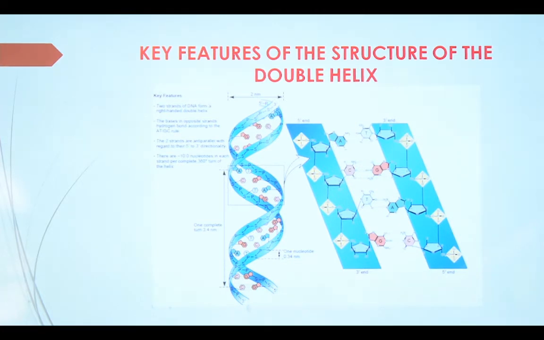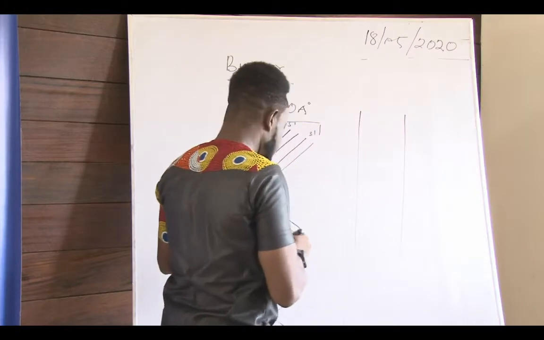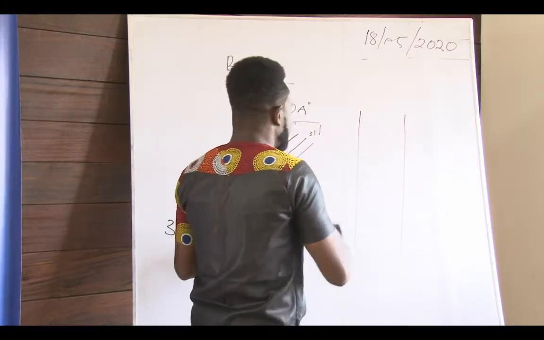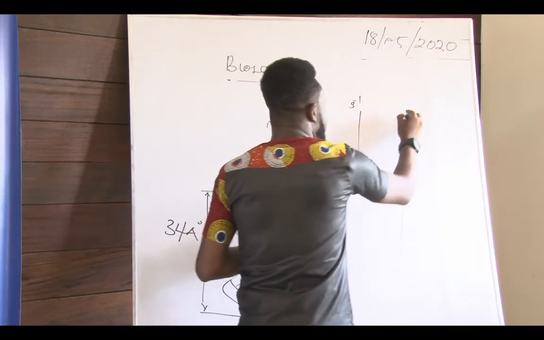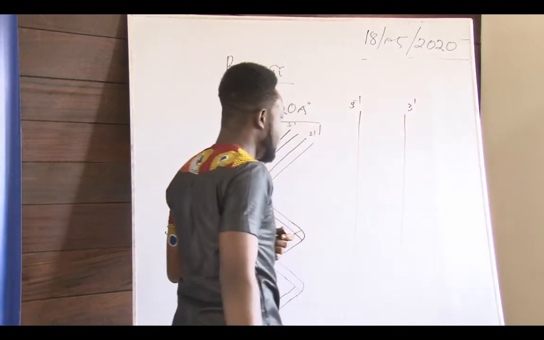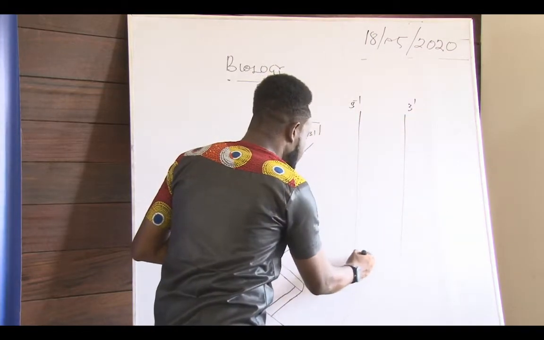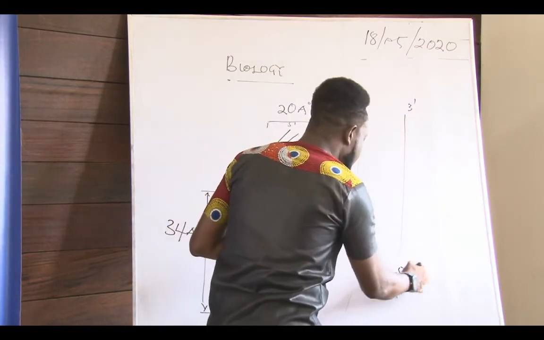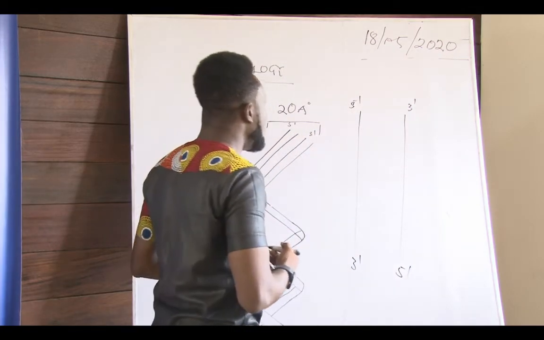Schematically, we could draw one line like this and another line like that. You can say this is our 5 prime end, this is our 3 prime end, then this will be our 3 prime end, and this will be our 5 prime end.